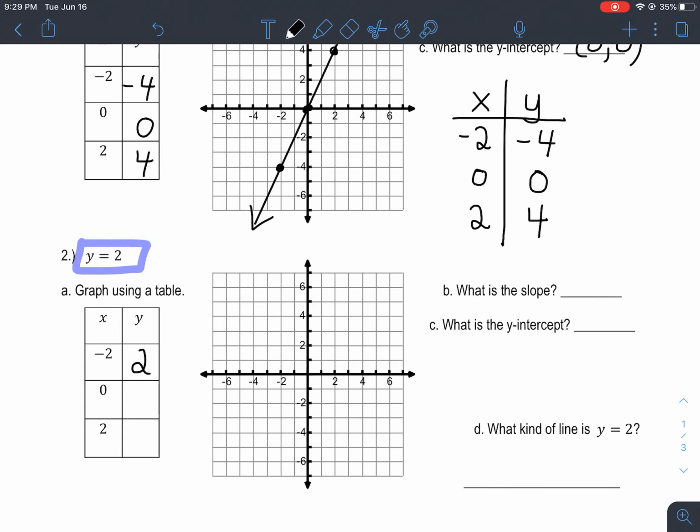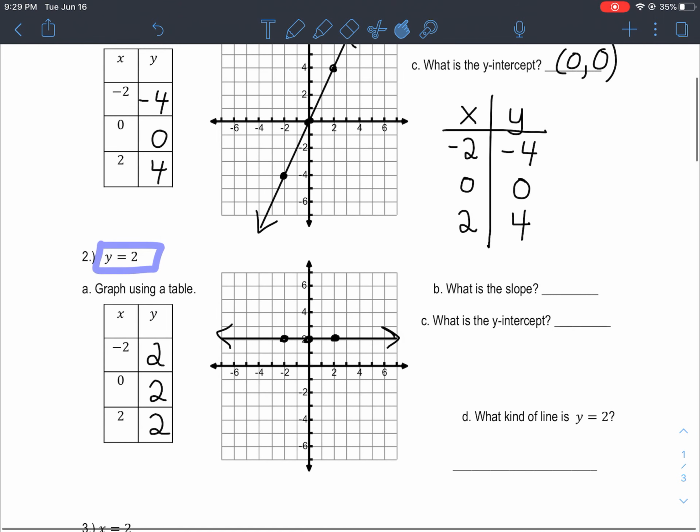So I can come up with whatever x values I want. I know y is always going to be 2. So I'm going to plot my points. Negative 2, 2, 0, 2, and 2, 2. And then I connect them. And now I see that I have a horizontal line here.